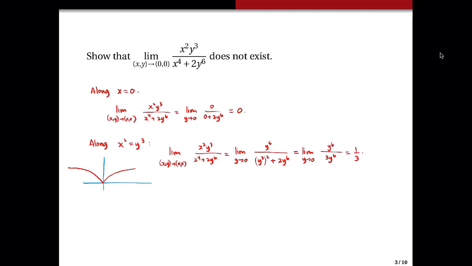Okay? So these two guys here are not equal. Therefore, the limit does not exist. Okay?